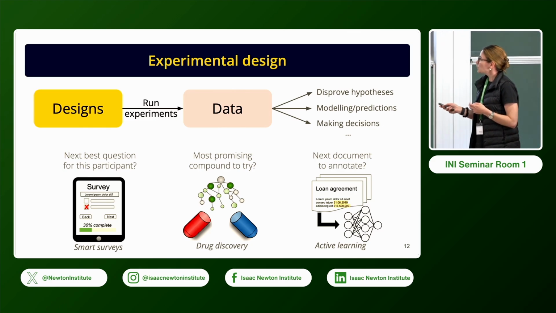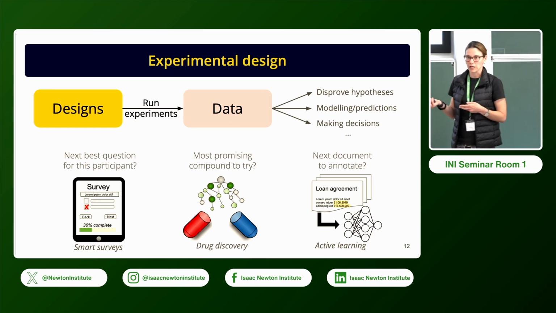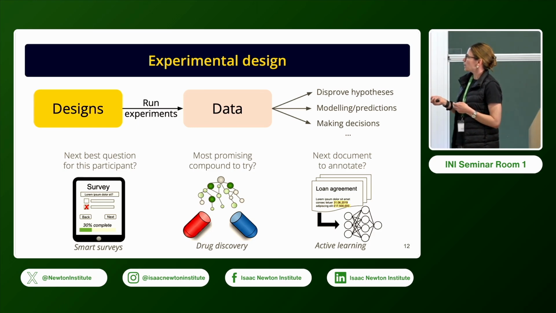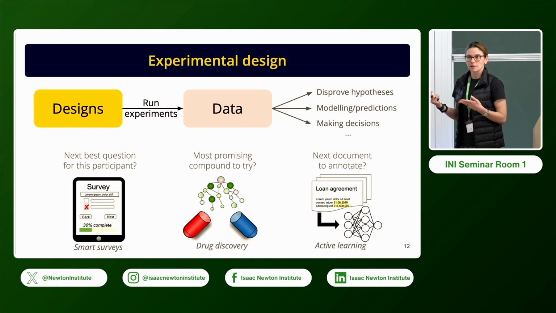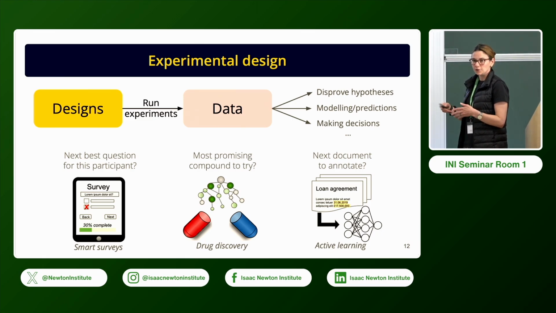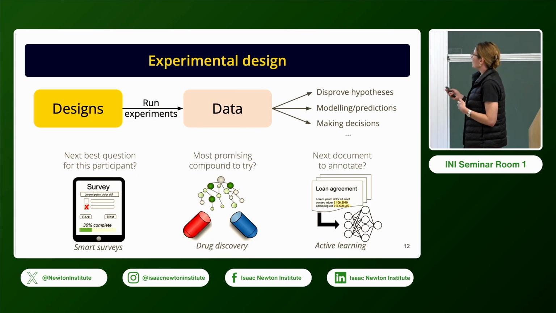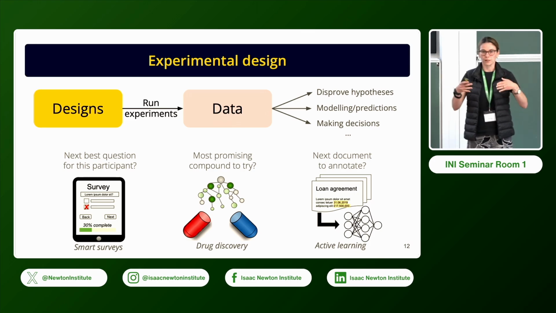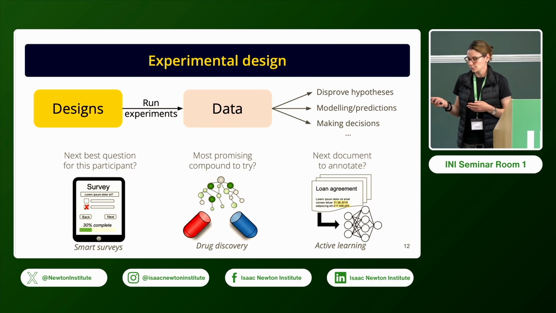So just a couple of examples. If you're running an online survey, you may want to ask what is the next best question to ask a participant. If you're in drug discovery, what is the most promising compound to try. And even things like active learning, right? So when you're building predictive models, what data points should you label next?